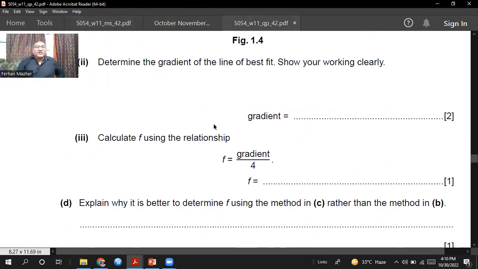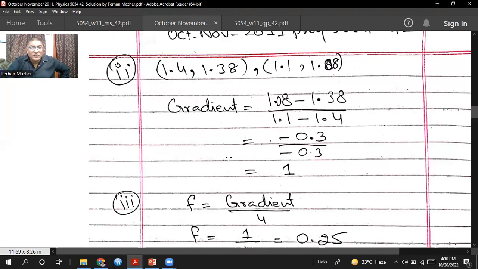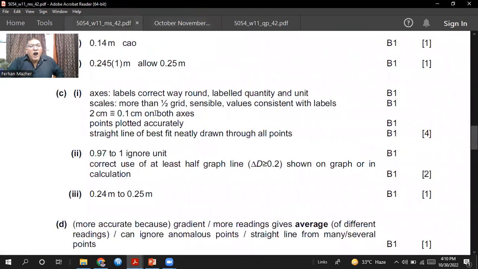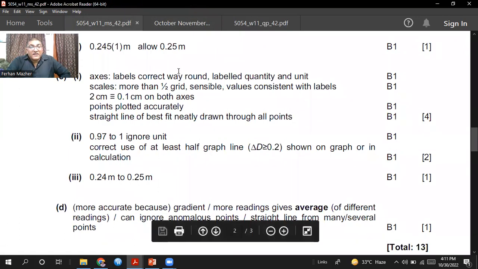Then the question is, calculate F using the relationship F equals gradient divided by 4. Whatever the gradient is here, you divide it by 4. So the gradient here is 1, divided by 4, and that will be 0.25. 0.25 is the right answer.